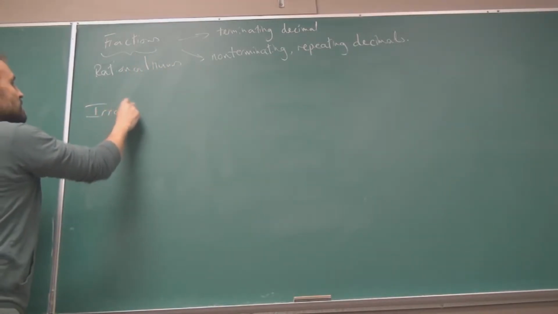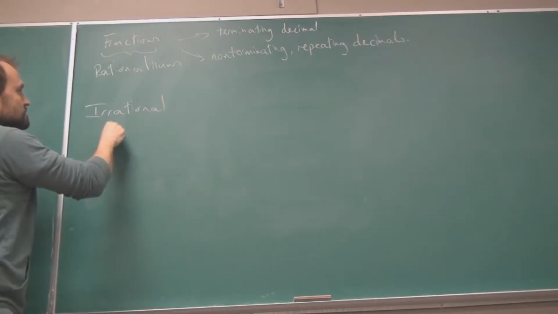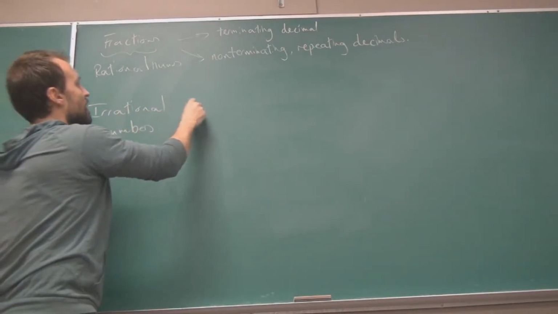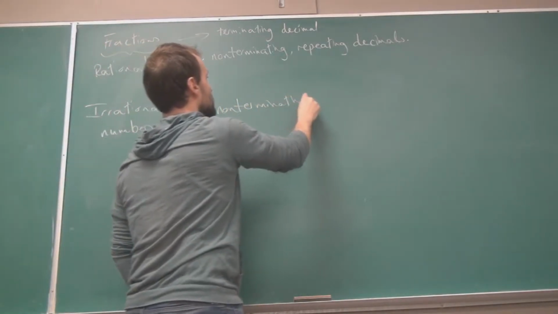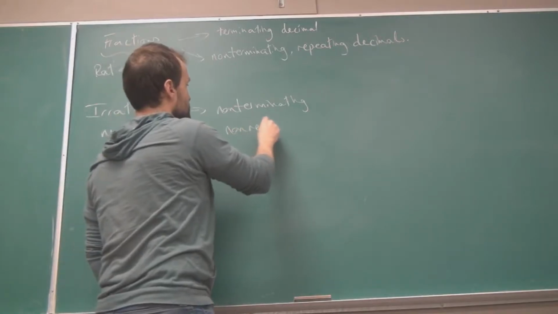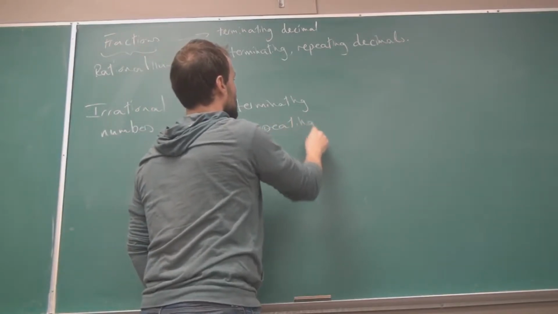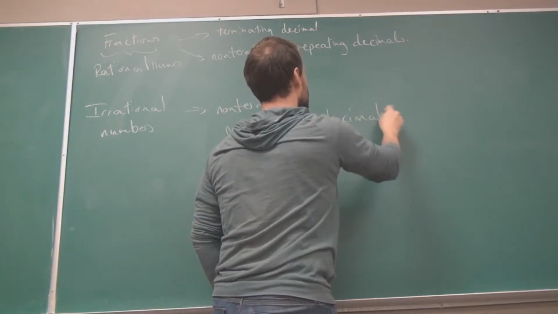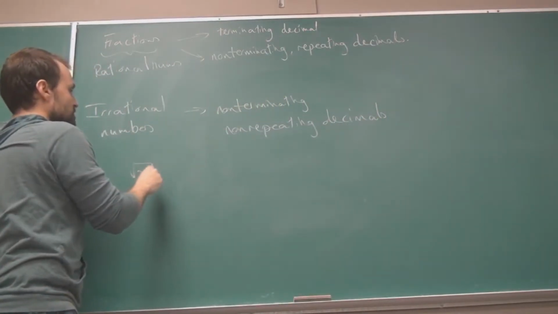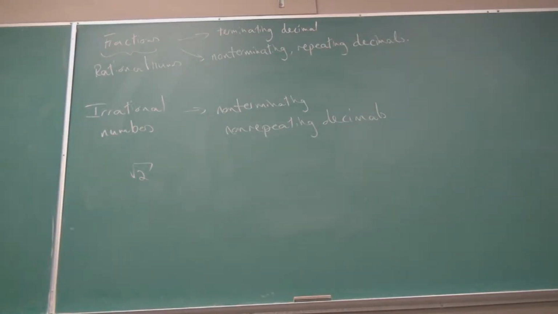And the irrational numbers are the non-terminating, non-repeating decimals, like square root of 2. Its decimals go on forever. There is never a pattern. Never a pattern that repeats.